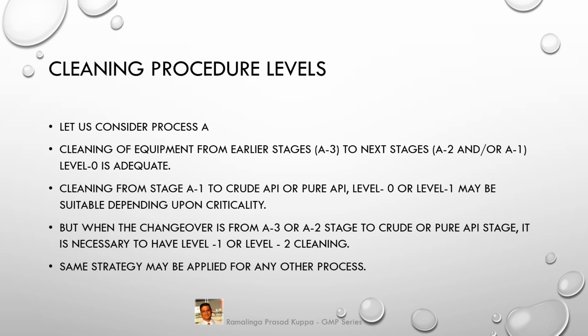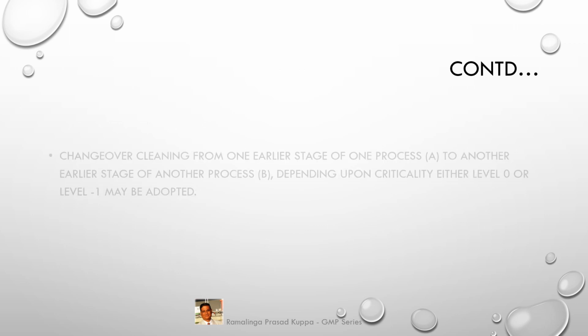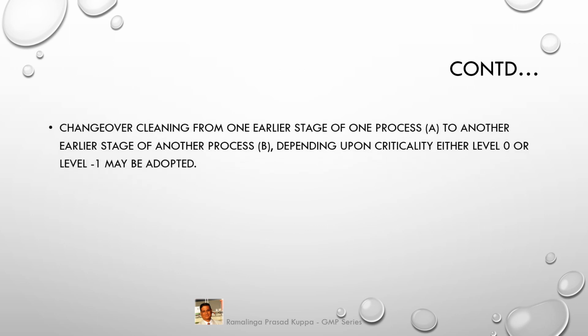Same strategy may be adopted for any other process. So, any process, this is the same strategy. Change or cleaning from one earlier stage of one process A to another earlier stage of another process B, depending upon the criticality, either level 0 or level 1 may be adopted.